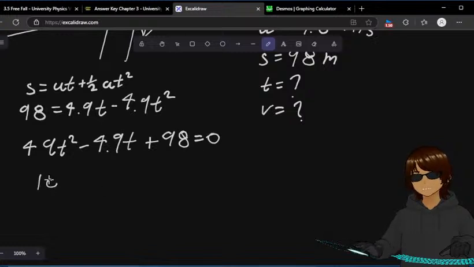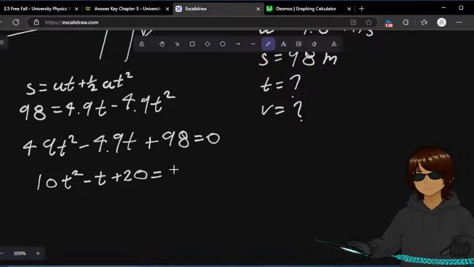We have 10t squared minus t plus 20 equals 0.